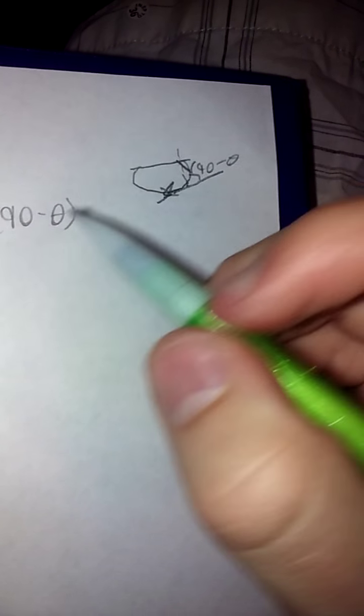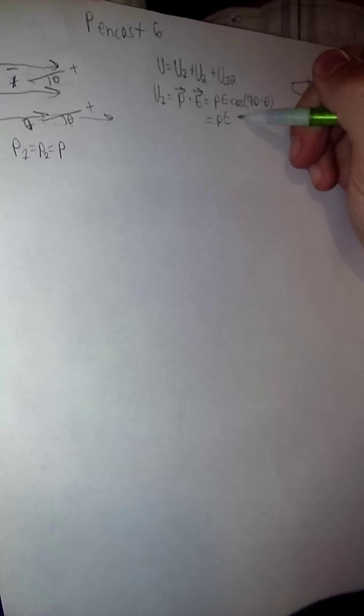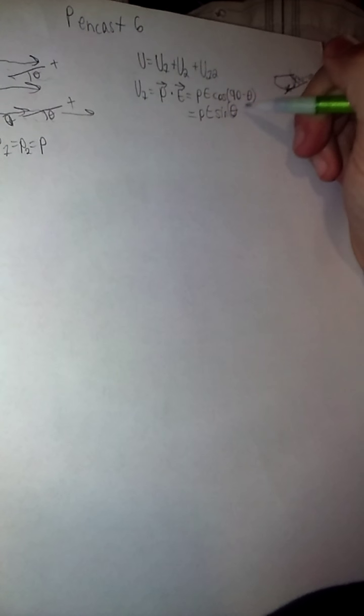Since cosine of 90 minus theta is the same thing as sine of theta, we'll write it like that. U2 is the exact same thing since the electric field's the same and the dipole's the same.